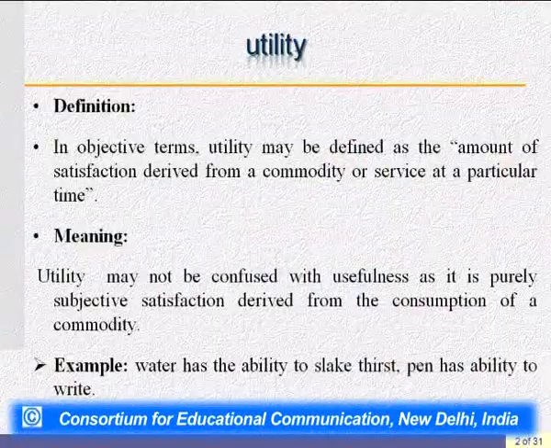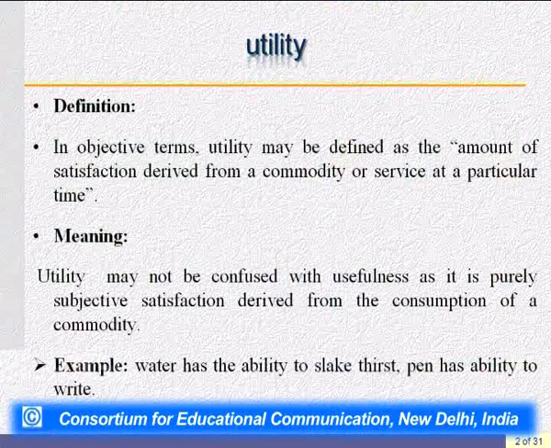So it is also called consumption. Now what is the meaning of utility? If you see the definition of utility, which is clearly put in objective terms, utility may be defined as the amount of satisfaction. With this word we are going to explore how utility can be measured.